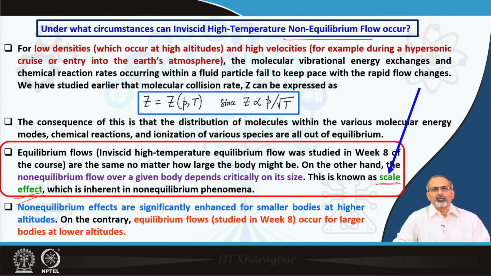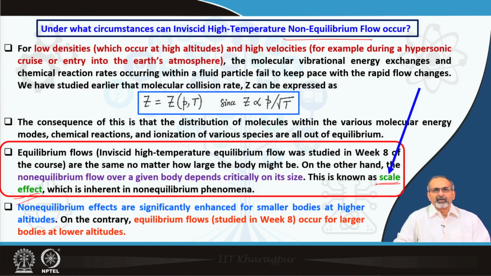And therefore, when the vehicle is traveling in low density, high velocity conditions, or flow is happening through an internal passage under such conditions, then there is every chance that the non-equilibrium phenomena may end up dominating.